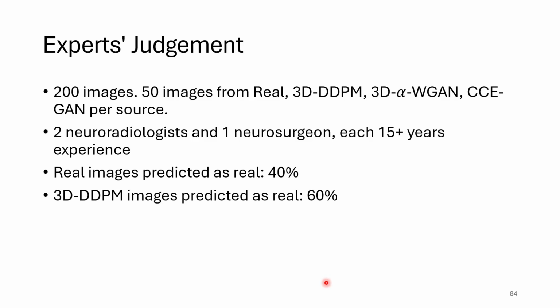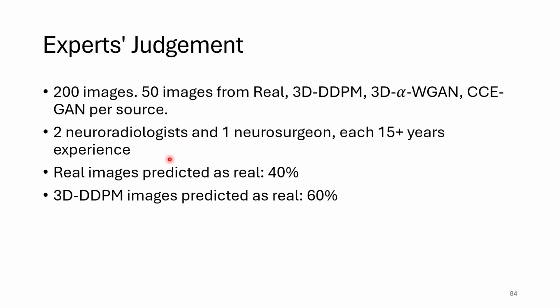Suppose they have 200 images: 50 images from the real data, 50 from their 3D DDPM, 50 from the first GAN, and 50 from the second GAN. Then they ask 3 doctors, each with 15 years of experience, which is real and which is generated.